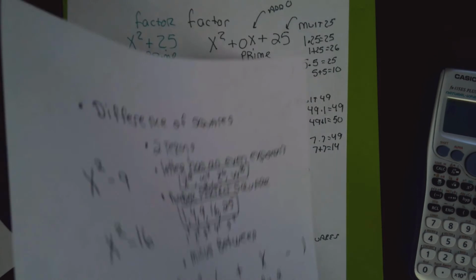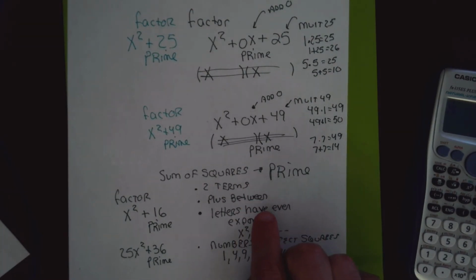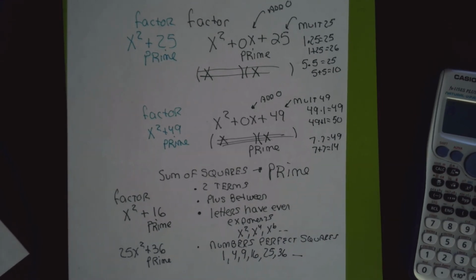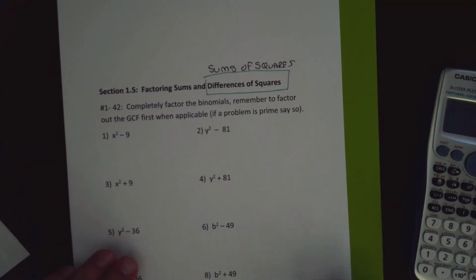If the problem is not a difference of squares, then it's a sum of squares, two terms, plus between, even exponents on the letters, perfect squares on the numbers, and all sums of squares are prime. So when I go through the section to do the problems, it's really a matter of identifying whether I'm dealing with a sum of squares or a difference of squares, and then using the technique to factor for the difference of squares, and then writing prime if it's a sum of squares.